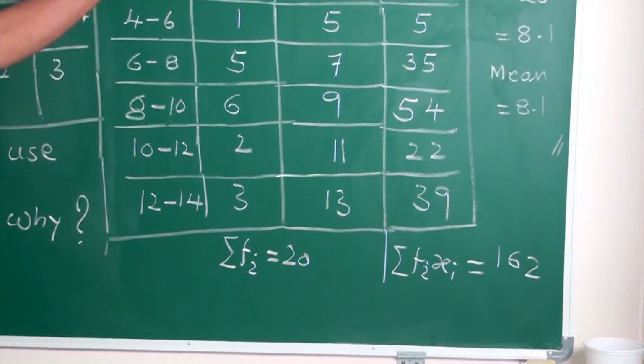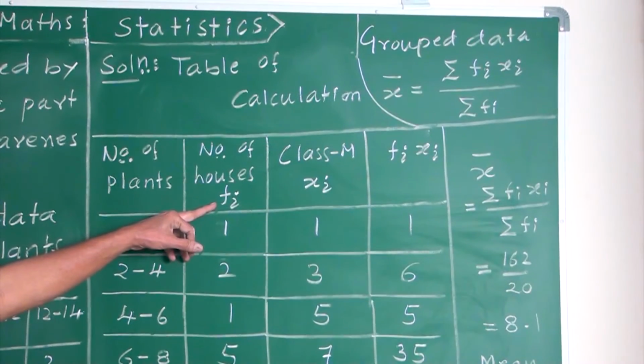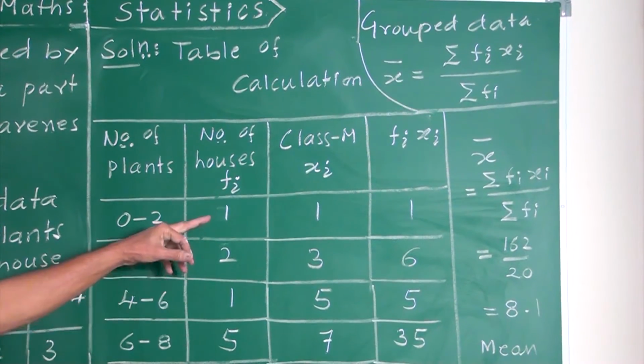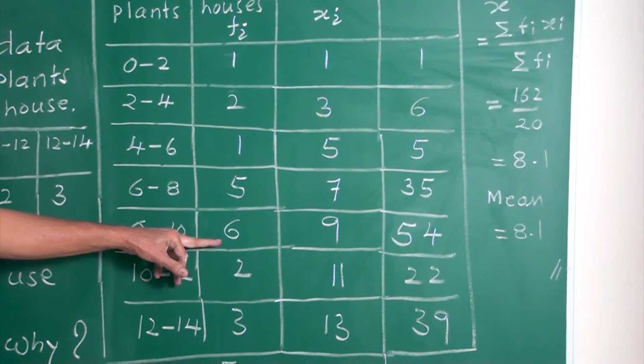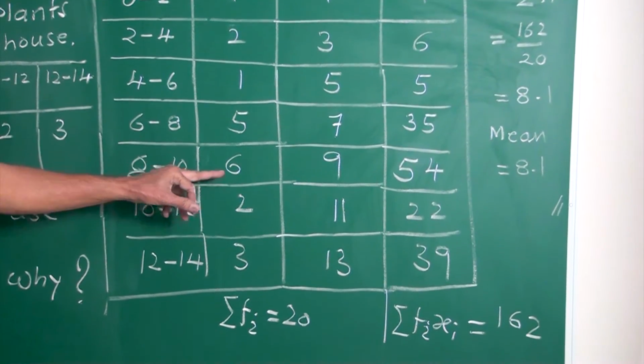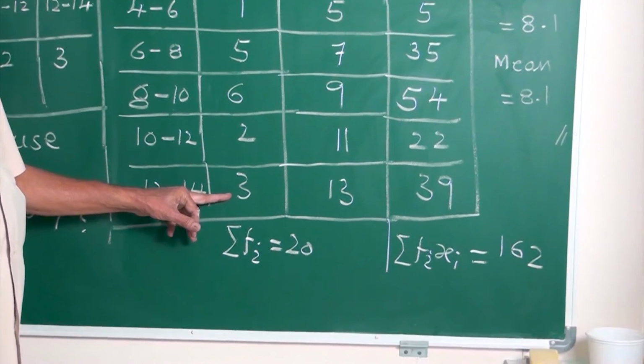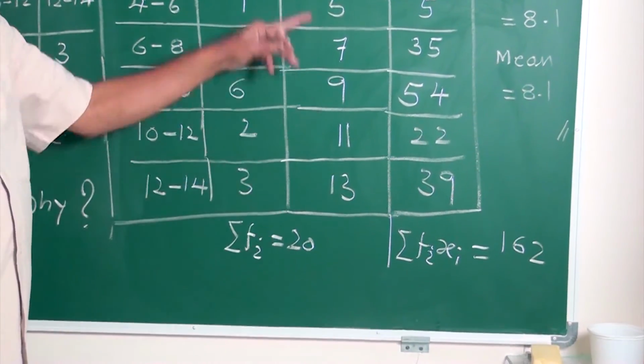Then you have to find sigma fi, the addition. 1 plus 2, 3 plus 1, 4 plus 5, 9 plus 6 is 15, plus 2, 17, plus 3 is 20.